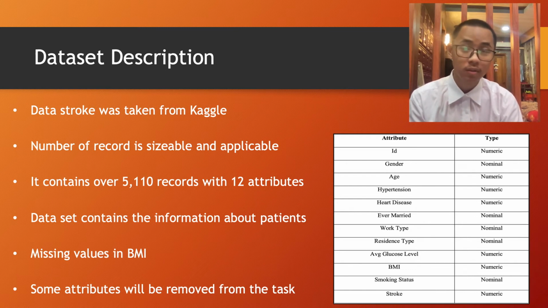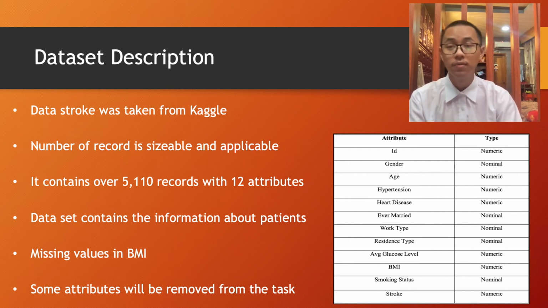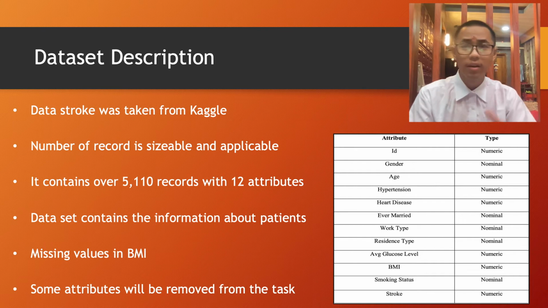We chose this dataset because it is well organized, and the quantity of records is sizable and applicable for many purposes. The data is made up of over 5,110 records with 12 attributes, ensuring that data of appropriate size can be mined.